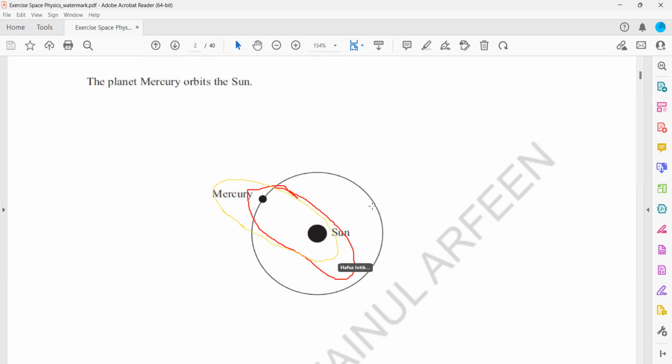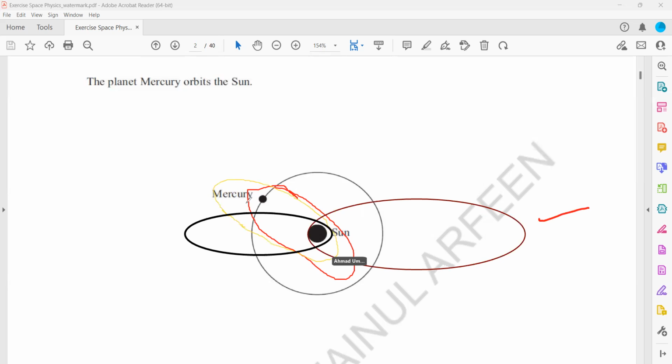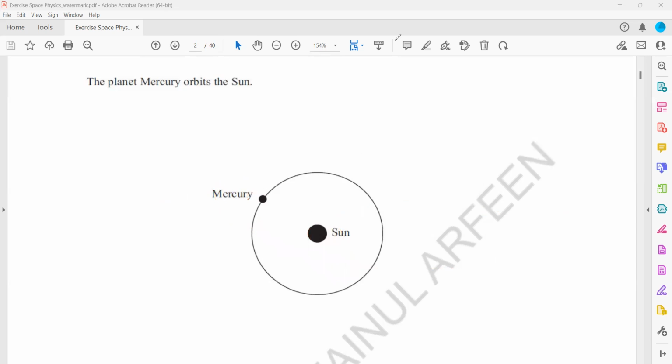You have to show the orbit. Yeah, that's right. So this is correct. This is also right. Good. This is also acceptable. So this is the orbit of the comet.